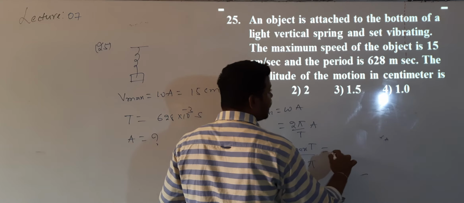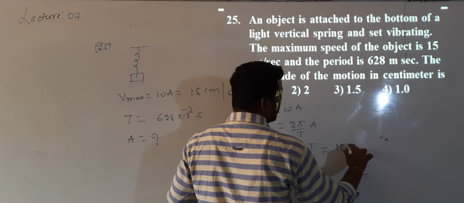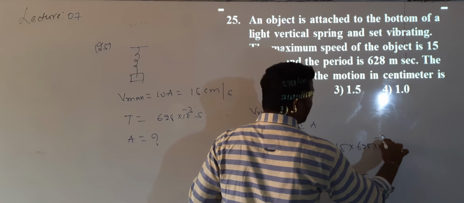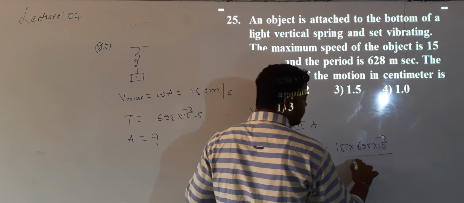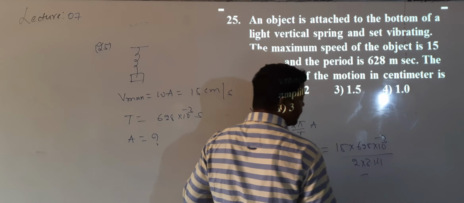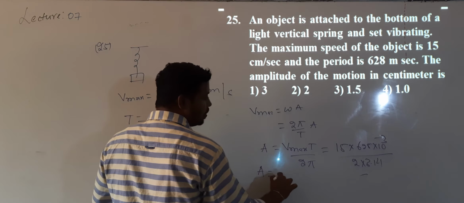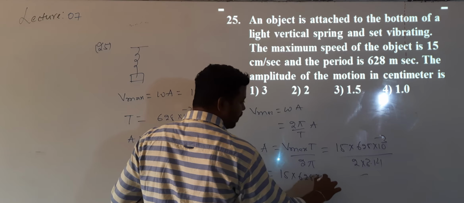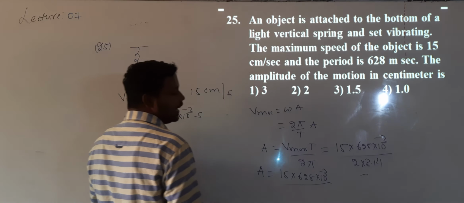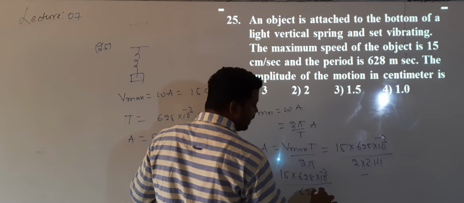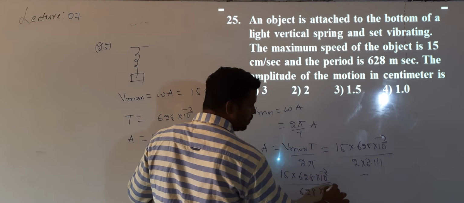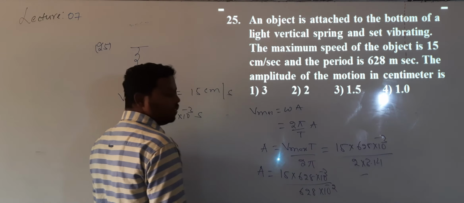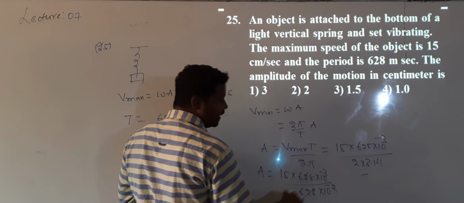So what is the V maximum value? 15 into the T value 628 into 10 power minus 3, by 2 into 3.14. So 15 into 628 into 10 power minus 3, by, can I write here this is also 628 into 10 power minus 2, can I write 3.14 as 314 into 10 power minus 2. 628 and 628 cancel.